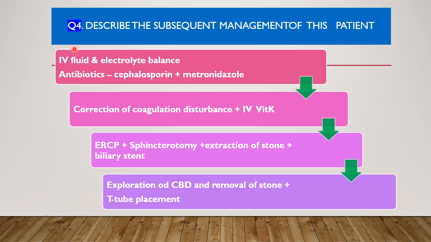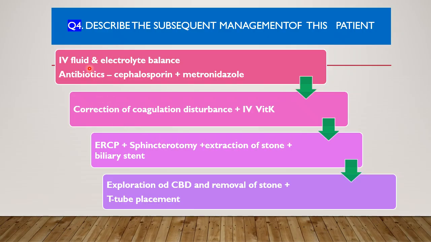Management of this patient starts with resuscitation. IV fluids and electrolyte balance must be ensured. Broad spectrum antibiotics with metronidazole must be instituted for the patient. Correction of coagulation disturbances is important with the injection vitamin K regime.